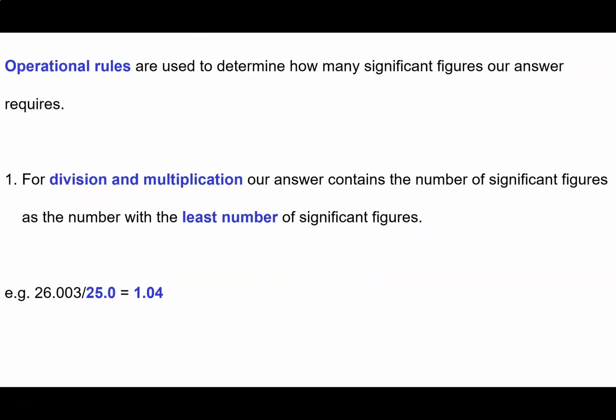All right, so most of the time when we have measurements in chemistry, we're going to combine them using some mathematical operations, right? And so what happens when we multiply a number, divide a number, subtract a number, add a number? How does that affect our significant figures?